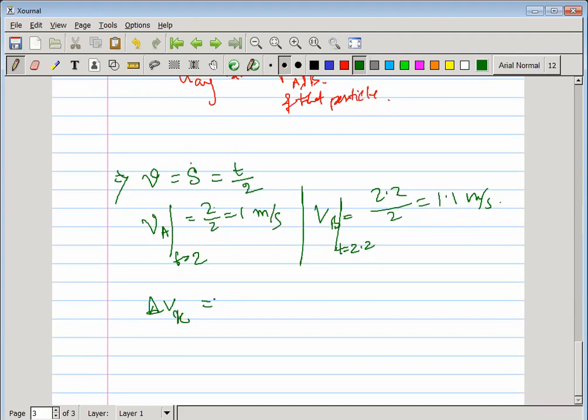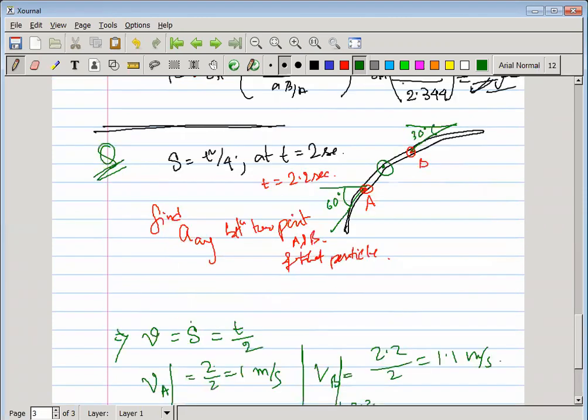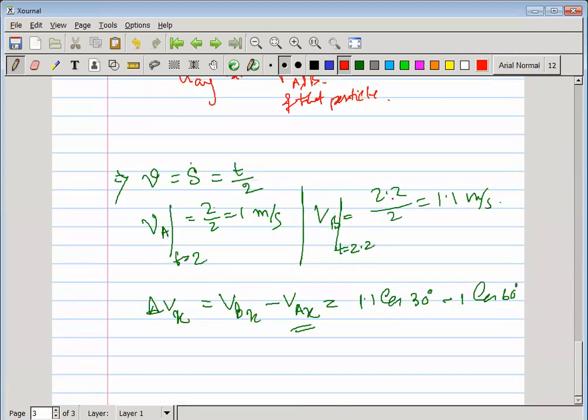Now delta V along x means VB along x minus VA along x. VB along x is 1.1 cos 30 degrees, and for A, 1 cos 60 degrees. When the particle is here it is 60 degrees, and when the particle is here it is 30 degrees.